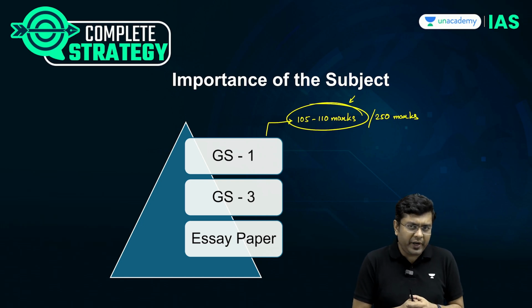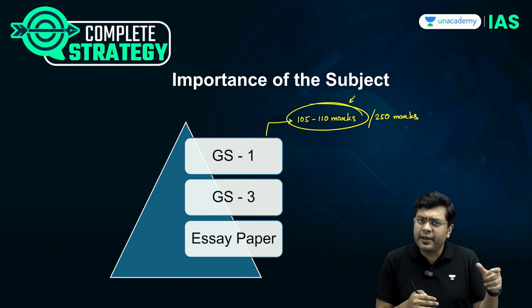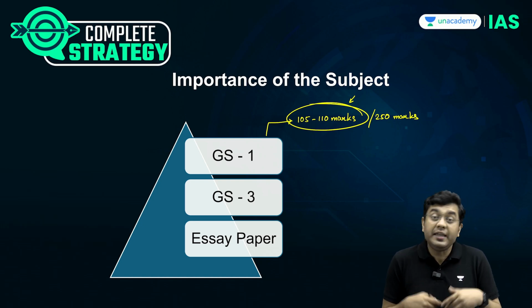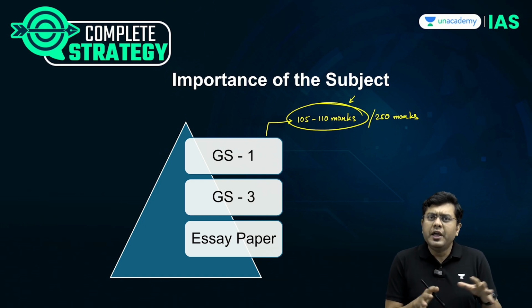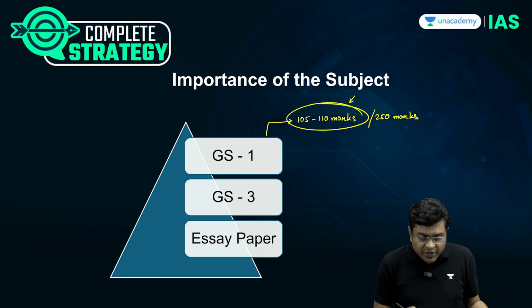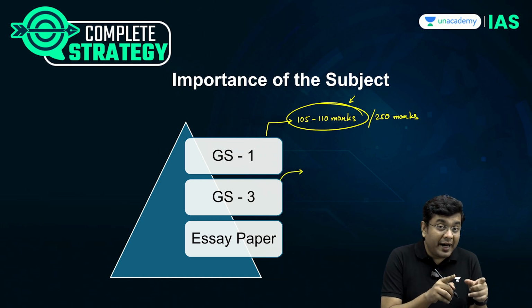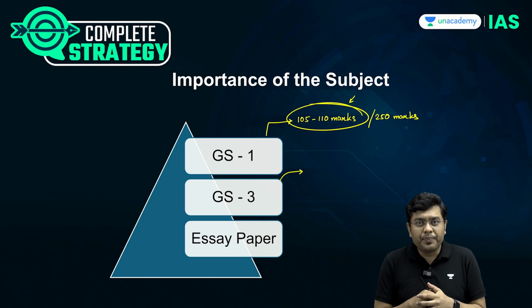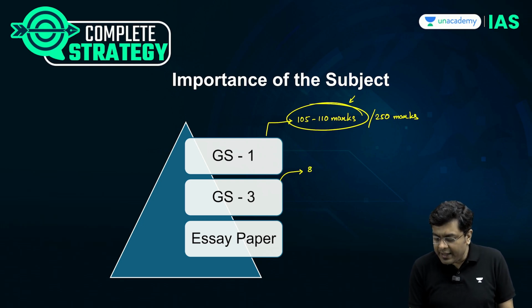In GS paper 3, you have topics and questions from the subject and the area of agriculture, even environment and ecology, the questions which you should be able to solve once you have a clear-cut concept of the subject of geography. So in GS paper 3 also, if you consider the portion of environment and agriculture taken together, you will be able to find questions roughly around 85 to 90 marks.